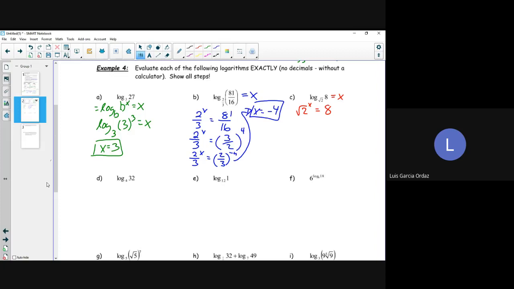So what we know so far is root 2 to the x is equal to 2 to the power of 3. However, root 2 and 2 are not the same because root 2 gives you a different value from positive 2 in a number. So what would we have to do to the right side to make it a base of root 2?